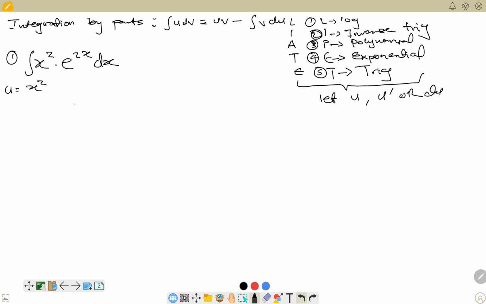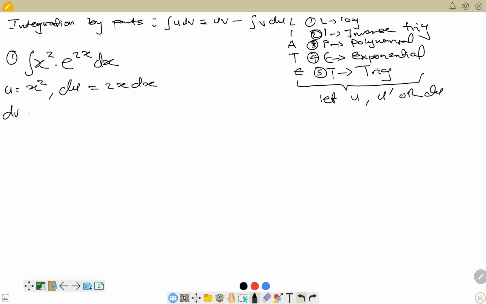Then when we differentiate x squared, we get 2x. Let's say we call it 2x dx because it's du over dx. When you take dx to the other side, it will be 2x dx.